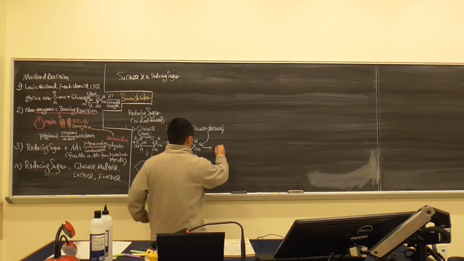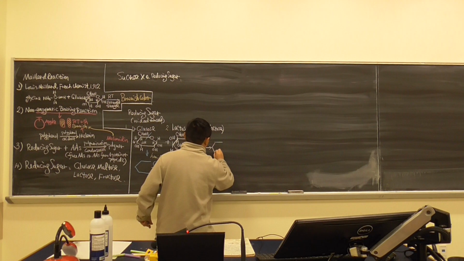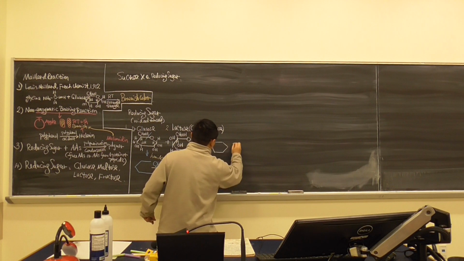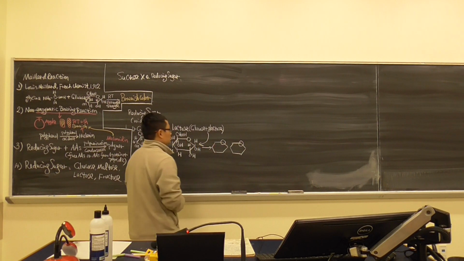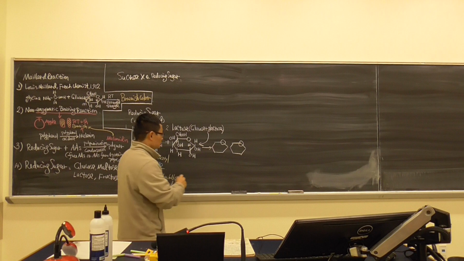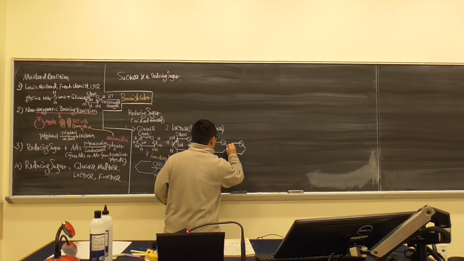I skip all these, okay? I make it a little bit brief. Of course, there's O here, there's O here. What happened? The major thing that happens is right here.